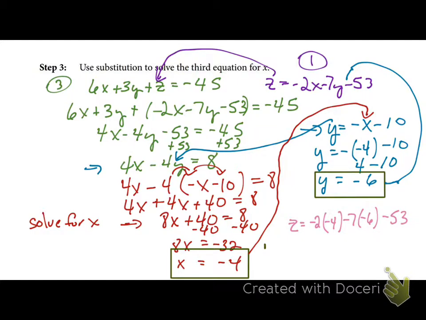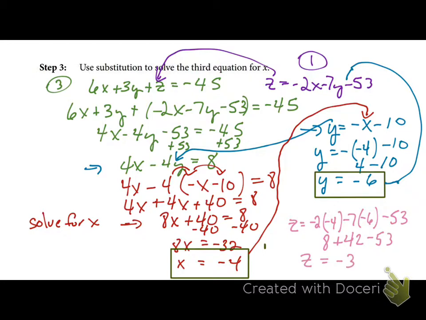So our negative 2 times negative 4 is 8. The negative 7 times the negative 6 is 42, minus our 53. So we combine our 8 plus our 42. 8 plus 42 would be 50. And minus 53, we would get a value of z to be negative 3.